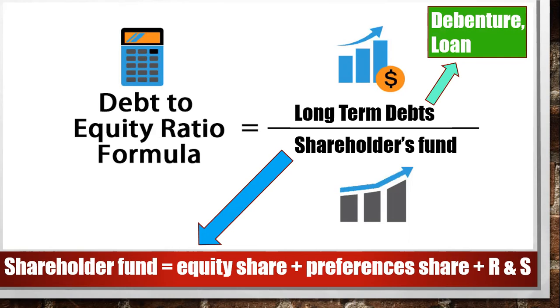Long-term debts are the borrowing contributions of outsiders, and the shares are the contribution of owners. Long-term debts means long-term debentures, bank loans, financial institute loans. After that, upon shareholders' fund, which means equity shares plus preference shares plus reserves and surplus. Clear everyone?